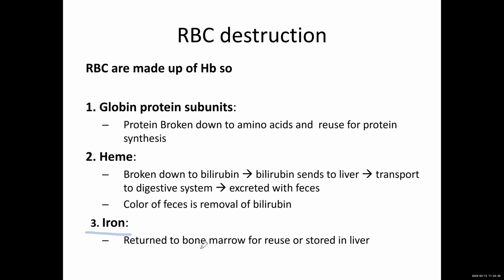Iron is returned to bone marrow for use or stored in the liver. So we reuse globin, we reuse iron, right? And heme, this pigment, is actually used to make bile. And the rest of it is excreted with feces.